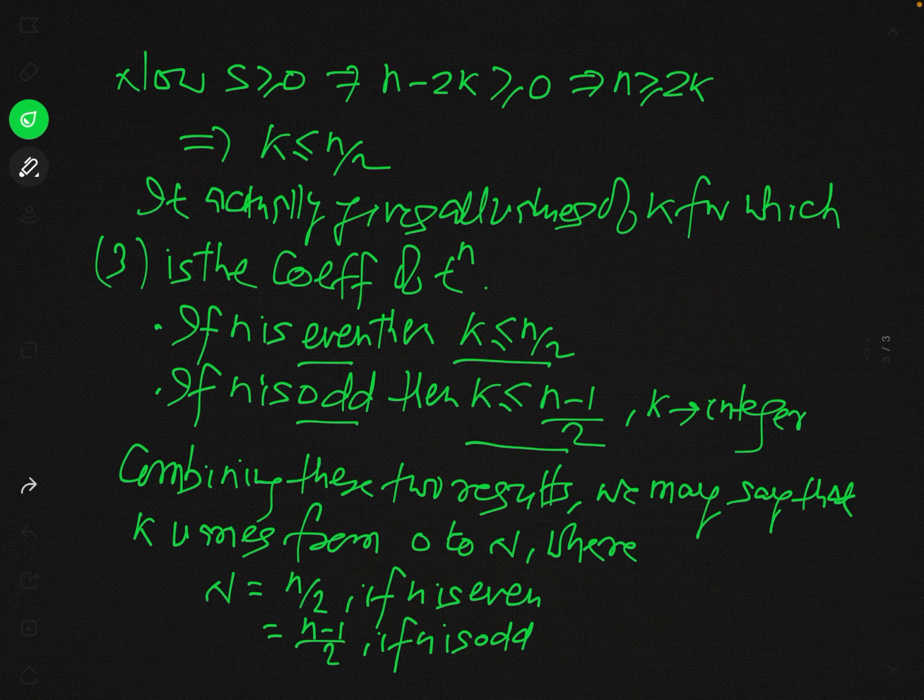And now we can write the total coefficient of t to the power n in the expansion of the generating function, that is e raised to the power 2tx minus t square, in this way.